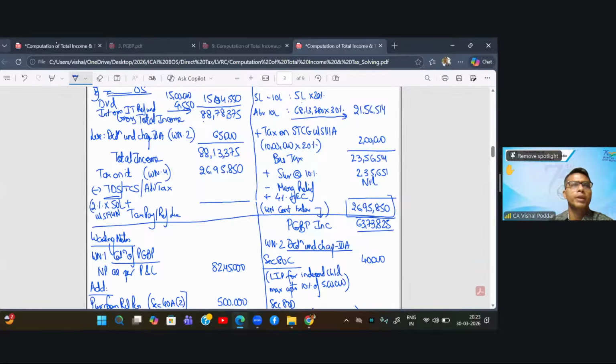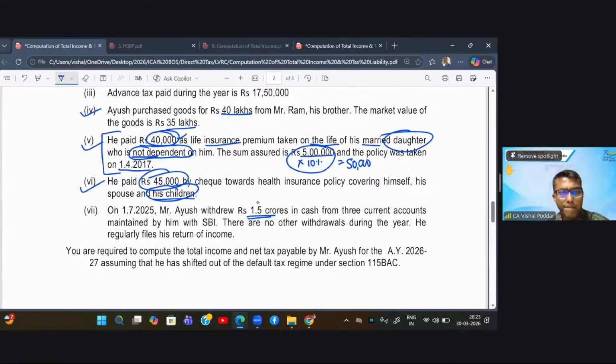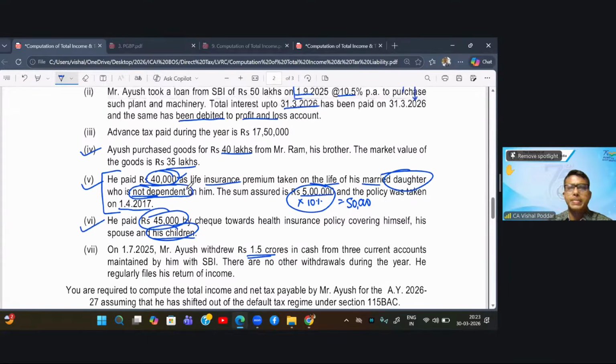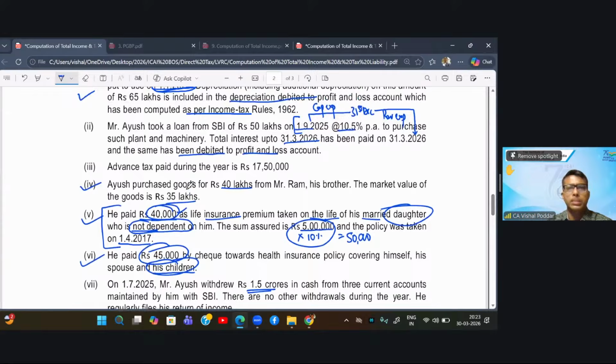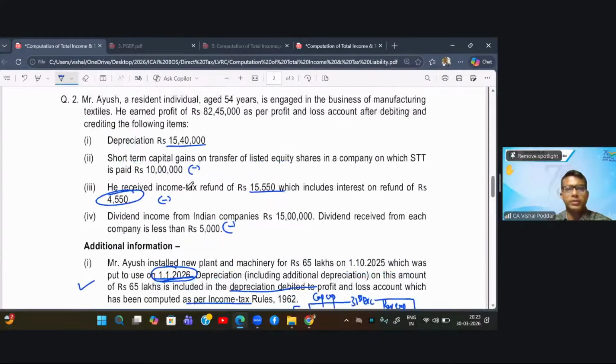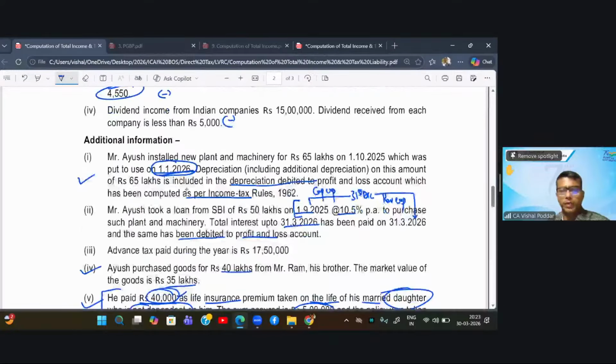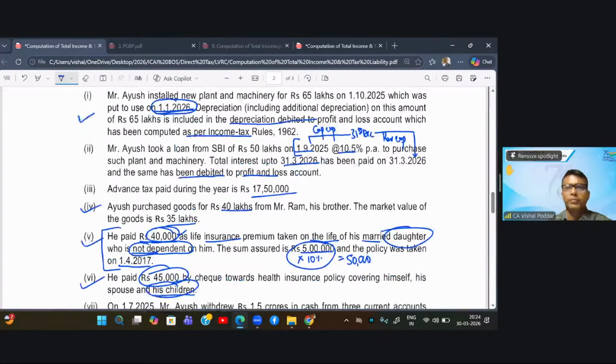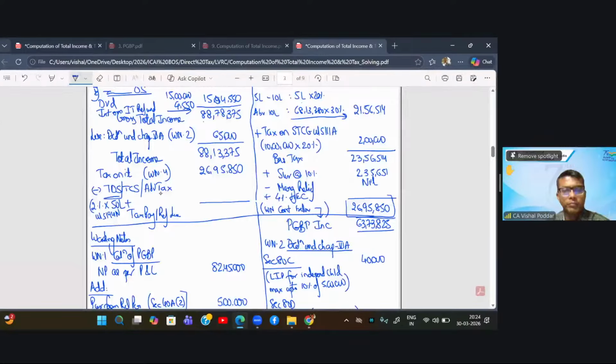Plus, there was some advance tax also, students, in this sum. Yes, 1750.